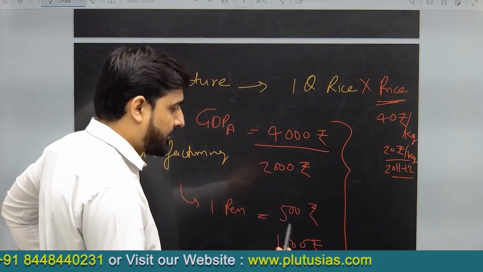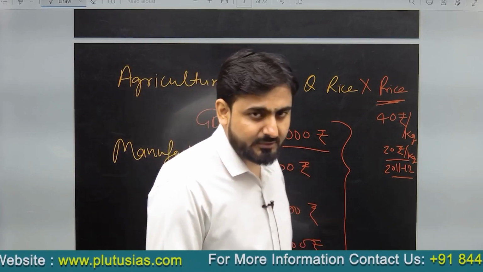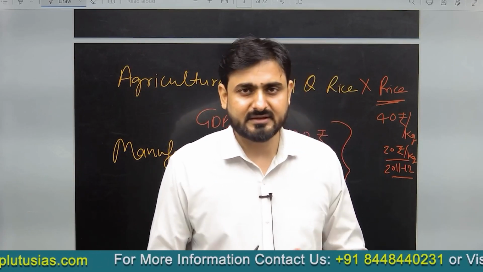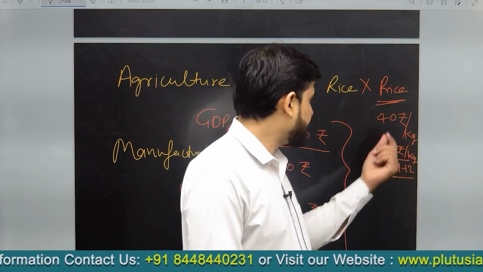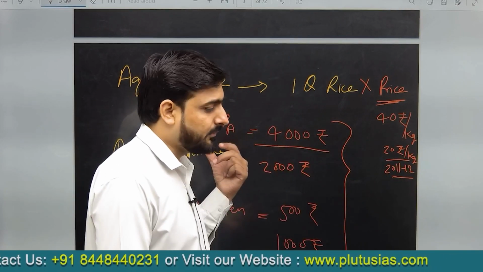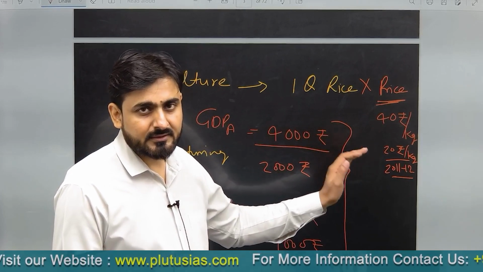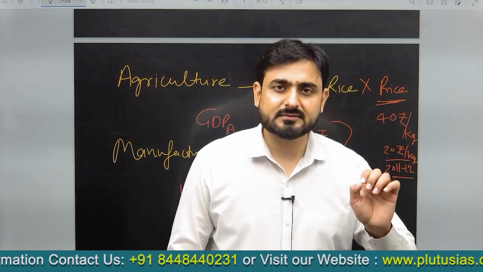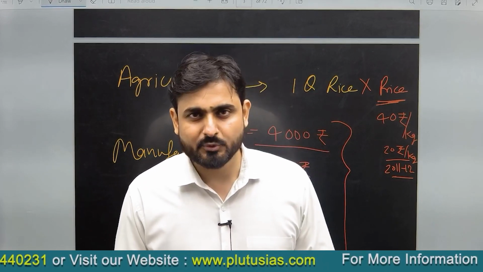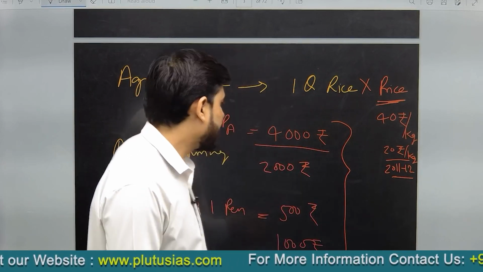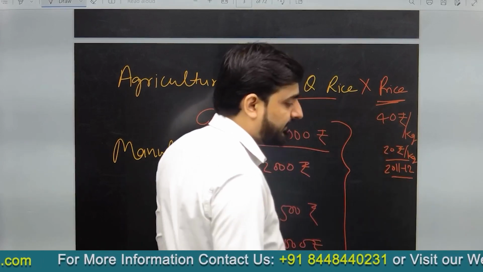Suppose we want to compare with 2021-22, the previous year's data, if we want to do a comparison, then if price changes, GDP will change. So to avoid such things, to measure accurate development or economic activities progress in the country, we need to multiply the product price with the fixed year.